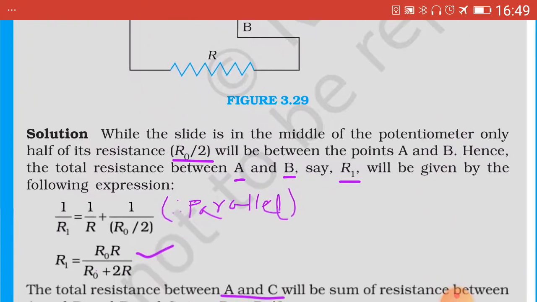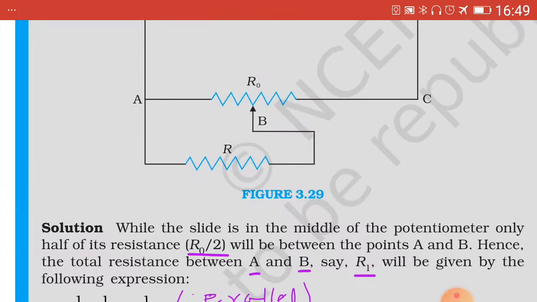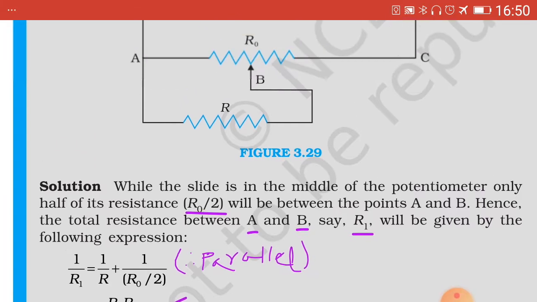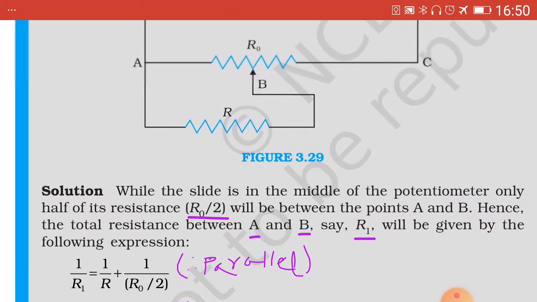While the slide is in the middle of the potentiometer, we find that only half of its resistance, means resistance R0 will become R0 by 2 between the points A and B. Here point B is shown, A and B. At point B there is the sliding contact.